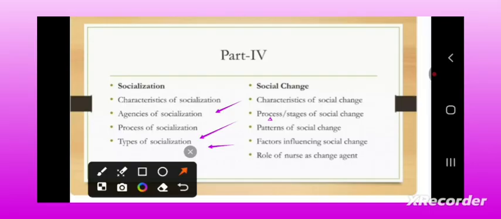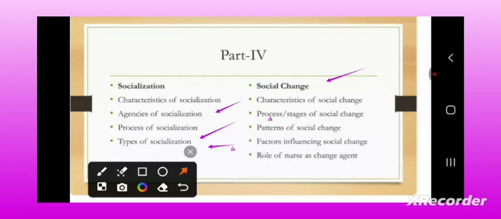Resocialization: dramatically changing one's personality or behavior by rejecting old patterns and embracing new ones, often in total institutions. Example, military training, prison, or severe life changes. So, the types of socialization: primary, secondary, anticipatory, and resocialization.